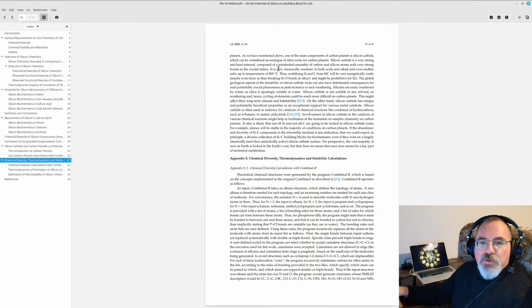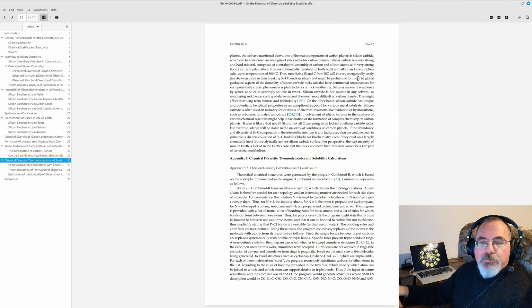It is very chemically resistant to both acids and alkali and even molten salts, up to temperatures of 800 degrees centigrade. Thus, mobilizing silicon and carbon from silicon carbide will be very energetically costly, maybe even more so than breaking silicon-oxygen bonds in silica, and might be prohibitive for life.